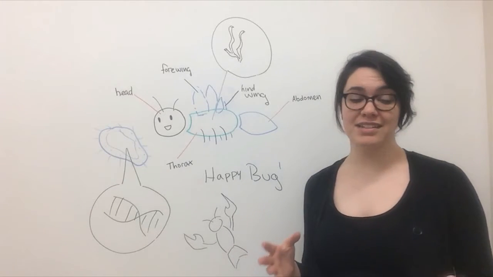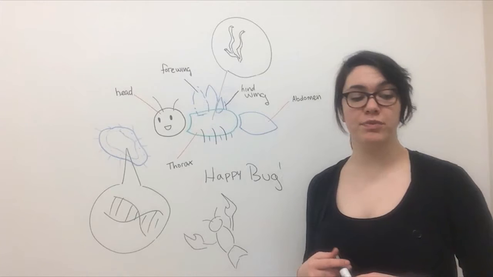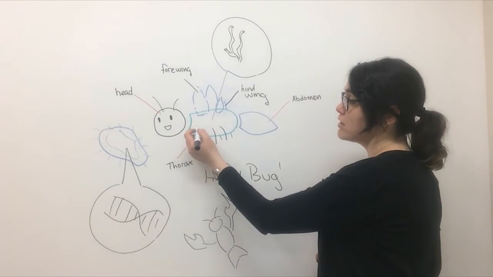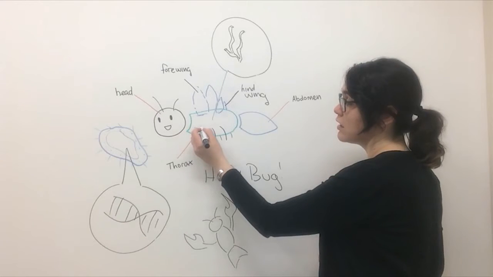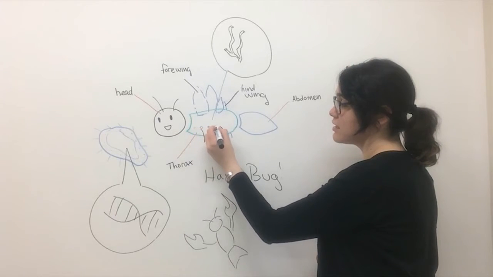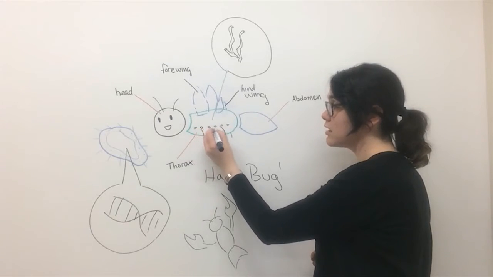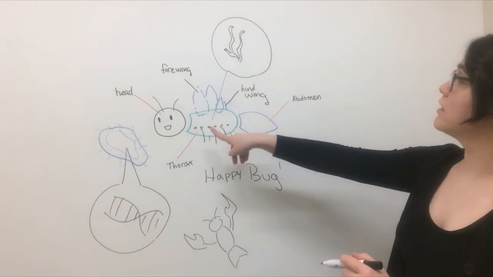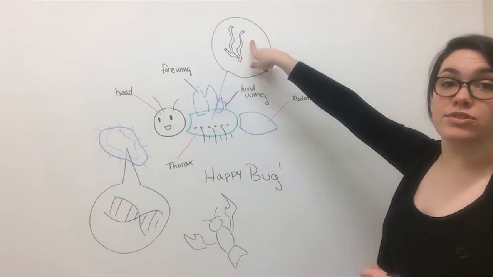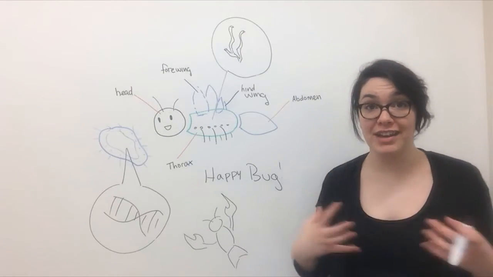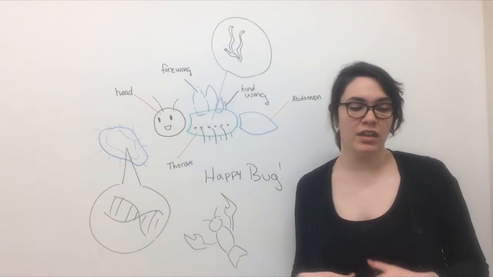Now with an insect, air enters the body through a row of holes along the abdomen. So right along here, our little friend might have some small holes that are going to let air in, and up through those tracheae that are going to oxygenate his body then.